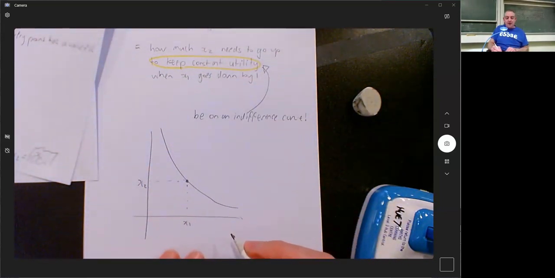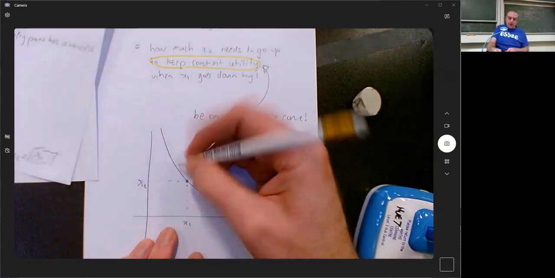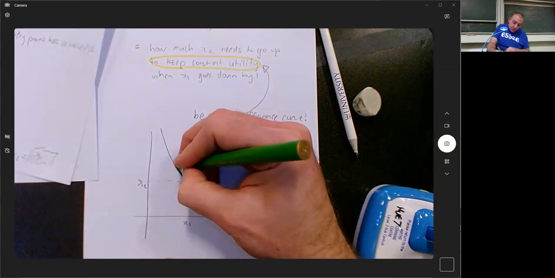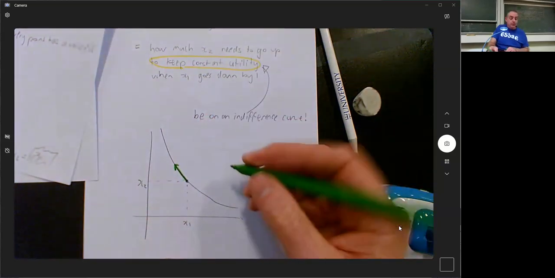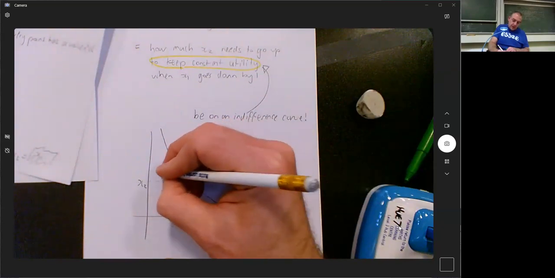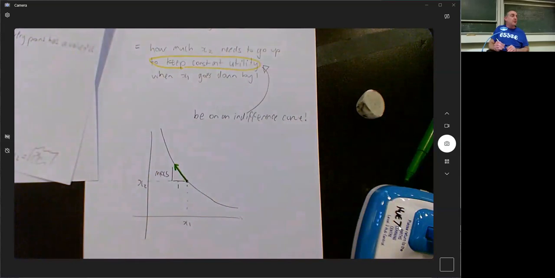And they're saying that if the x1 goes down by 1, which means we're going this way, how much does the x2 have to go up by? So we're going to track along the curve this way, go down by 1, and this is the marginal rate of commodity substitution, how much the x2 has to go up by to compensate.